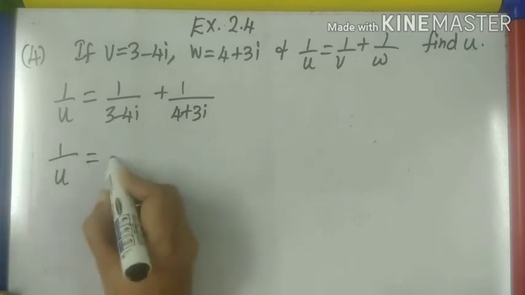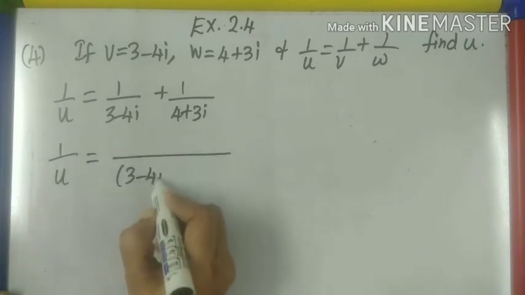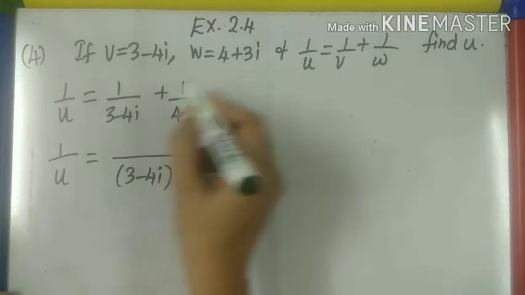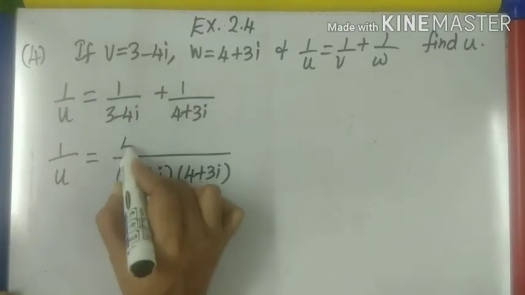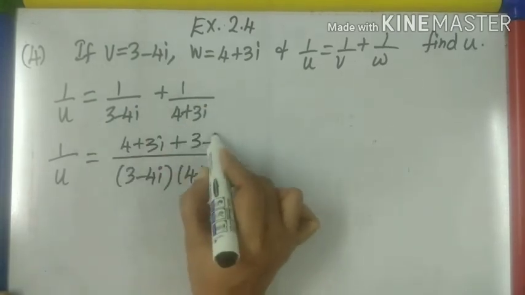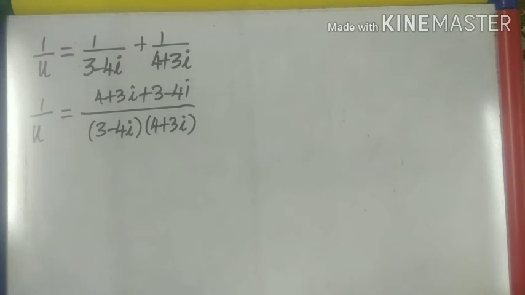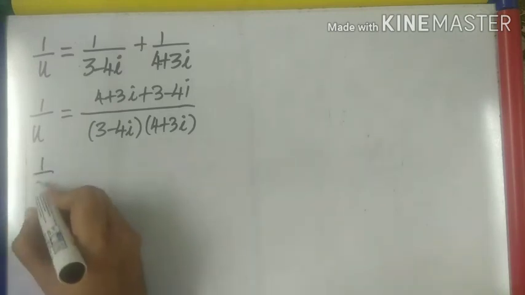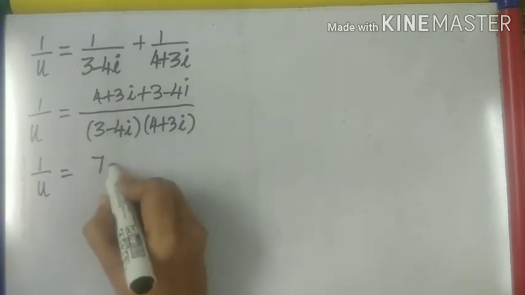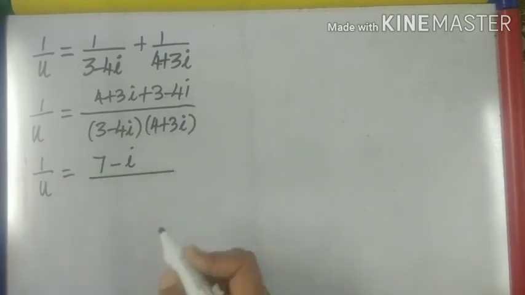Taking LCM, it is 3 minus 4i into 4 plus 3i. Cross multiply, 1 into 4 plus 3i plus 3 minus 4i. So 1 by u equals 4 plus 3, 7. 3i minus 4i, minus i.